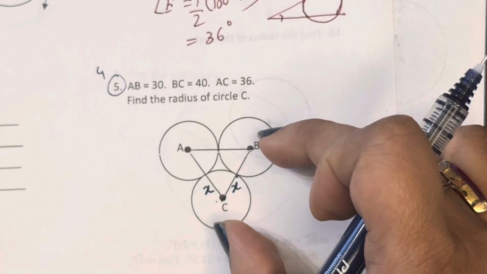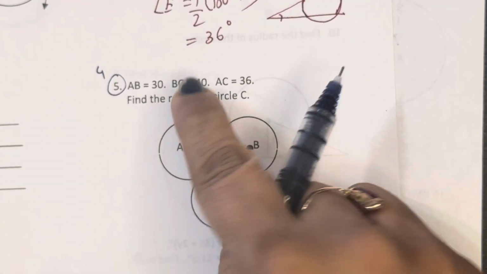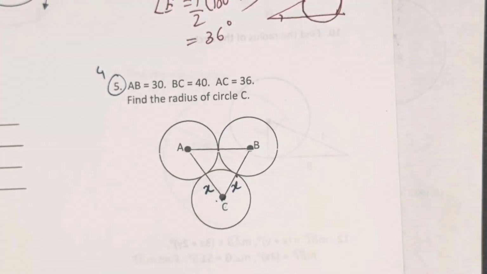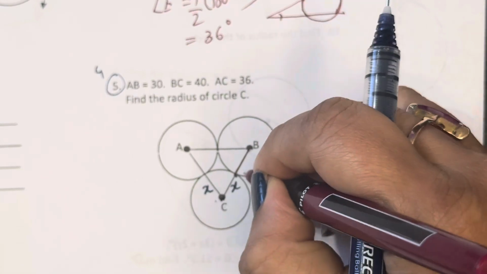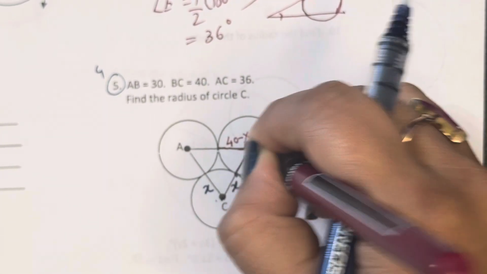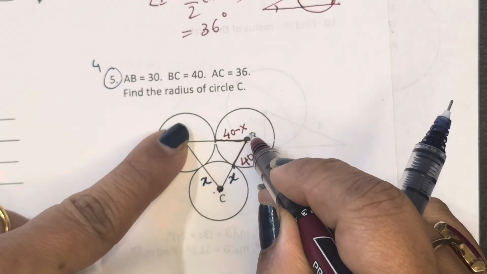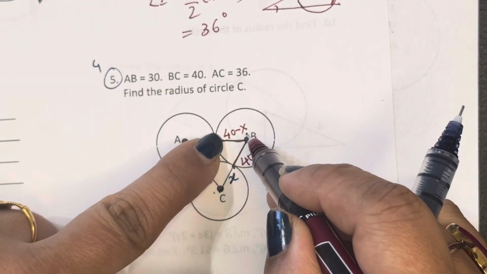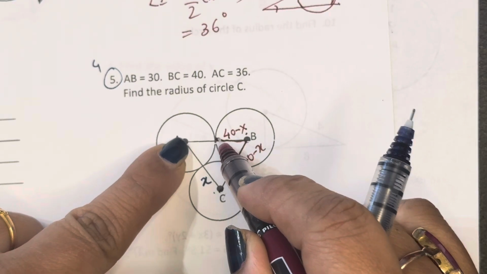But we know the whole length BC is 40. If BC is 40 and this portion is X, what will be this portion? This portion must be 40 minus X, right? So this portion should also be 40 minus X. Now, AB is 30 and this portion is 40 minus X. So what will be this portion?